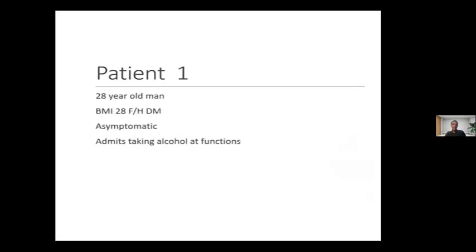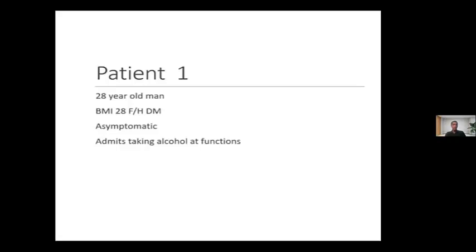I'm going to discuss liver test abnormalities by discussing these patients. I have got a few patients, and these are real cases which I have come across in my practice.